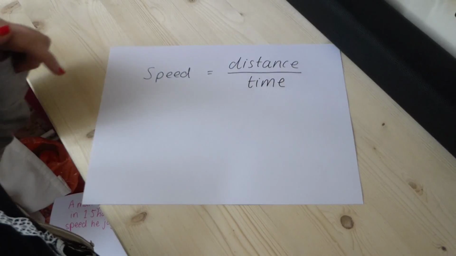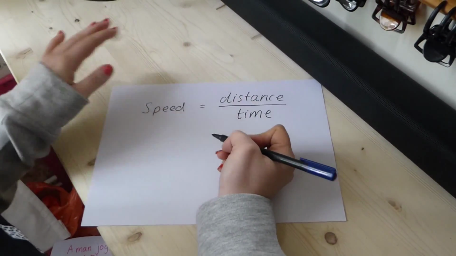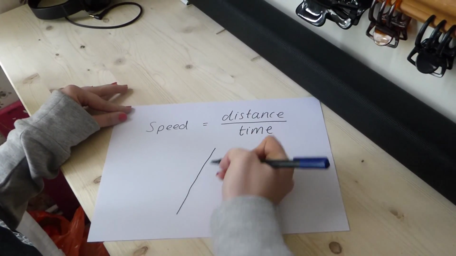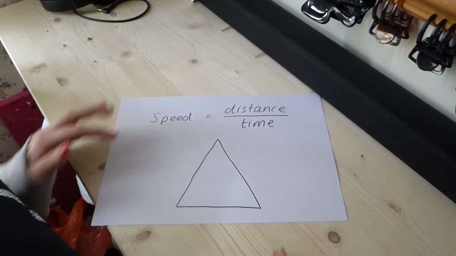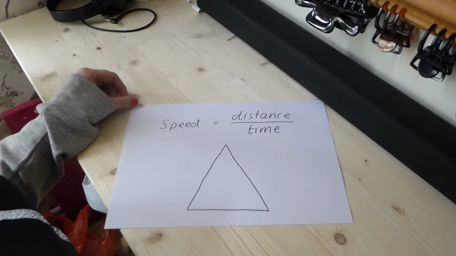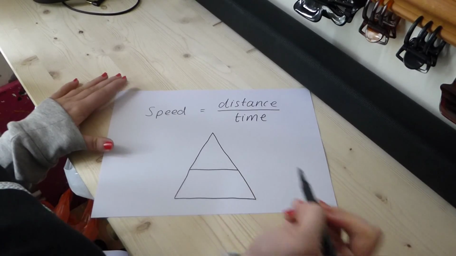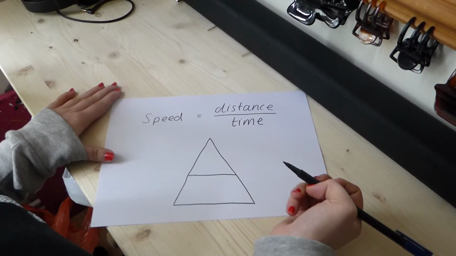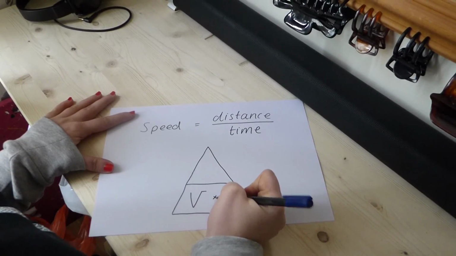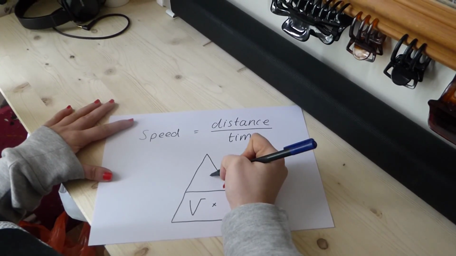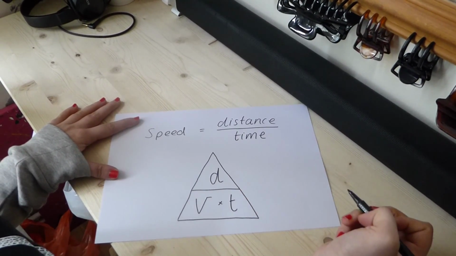Now to answer question 2 on your worksheet, we need to put these variables into a triangle that will help us remember how to calculate the speed, distance and time. So on question 2 on your sheet, there's a triangle that looks like this, and in that triangle you need to put a V here, and then there's already a little multiply, and then you put a D here and a T here.